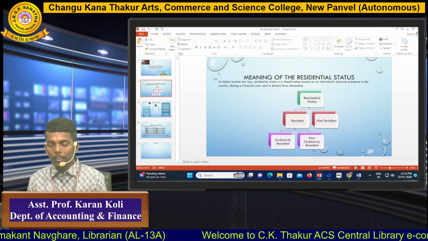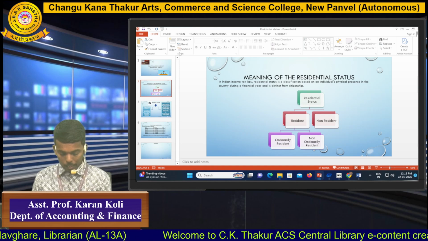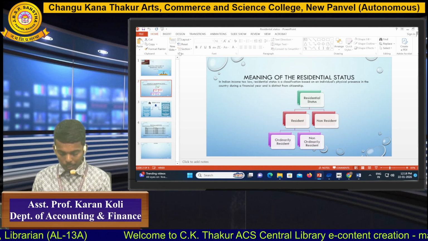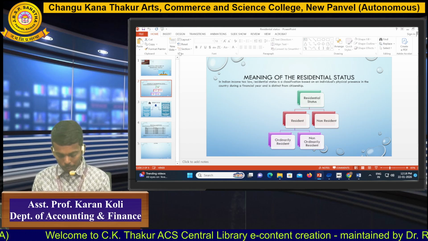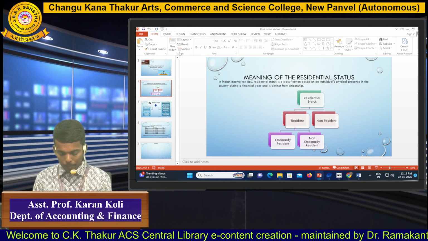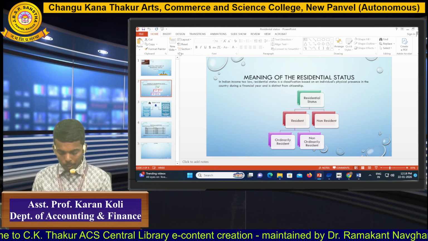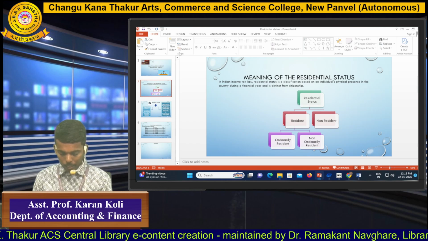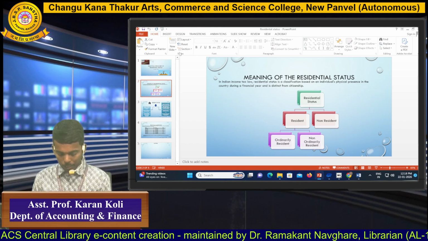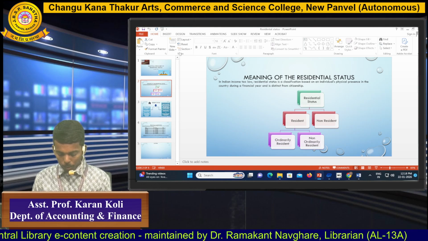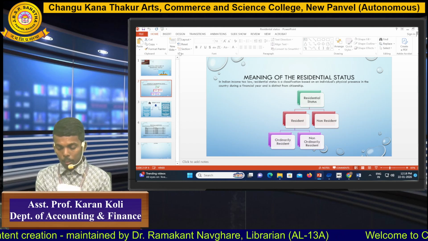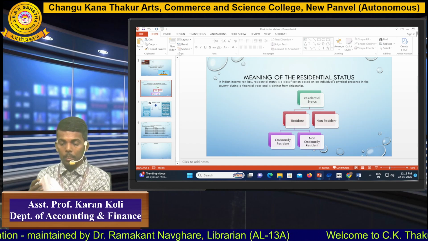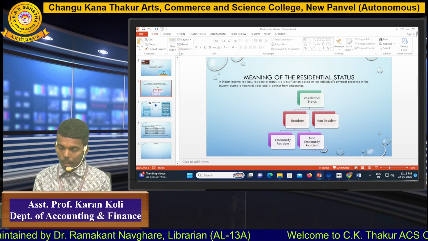There are two types of residential status, resident or non-resident. Further, a resident can be classified into resident and ordinary resident, and resident but not ordinary resident.